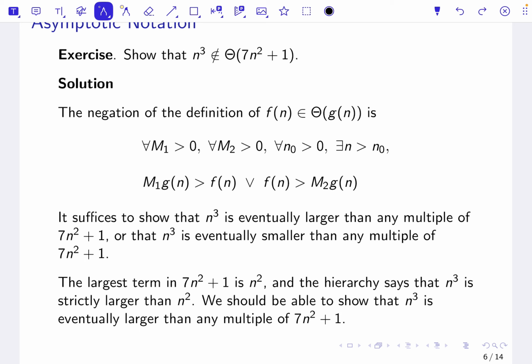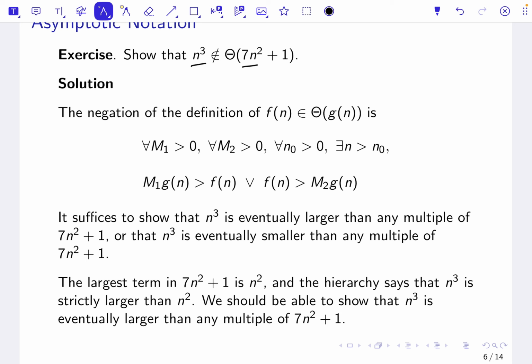So you'll have to do a bit of rough work in your head, apply some intuition to figure out which inequality to go for. You might want to use the graphing calculator for this, but in this case, there's something even simpler that we could do. Looking at the largest terms of each function, we see that the largest exponent in f of n is greater than the largest exponent of g of n.